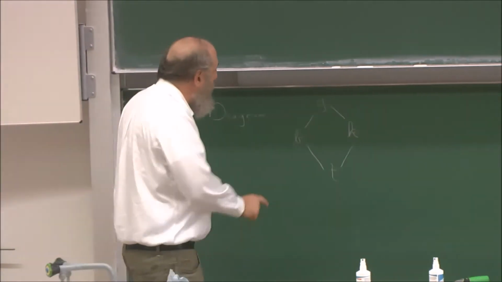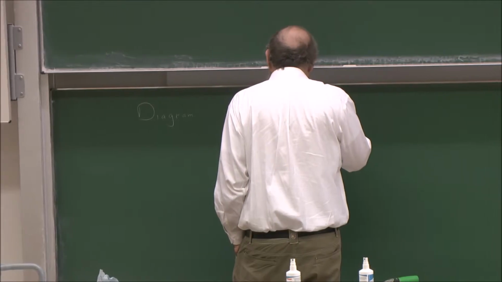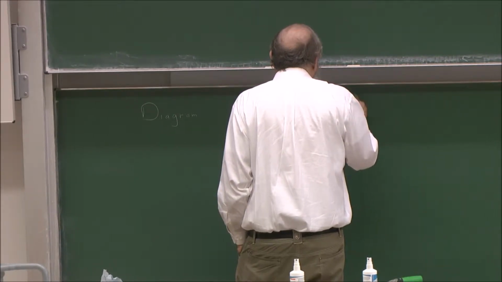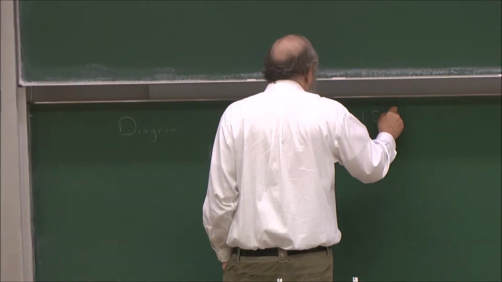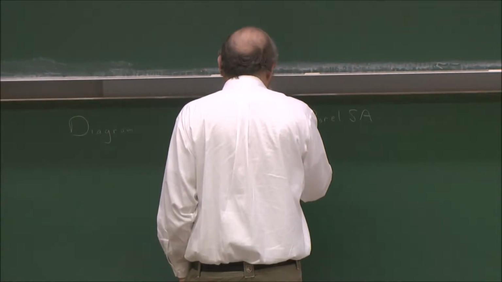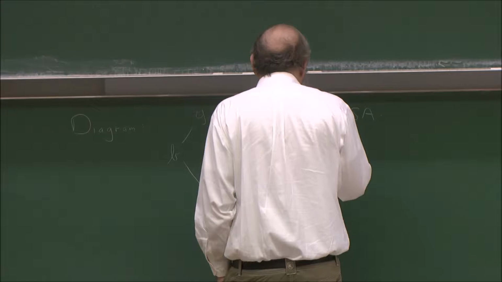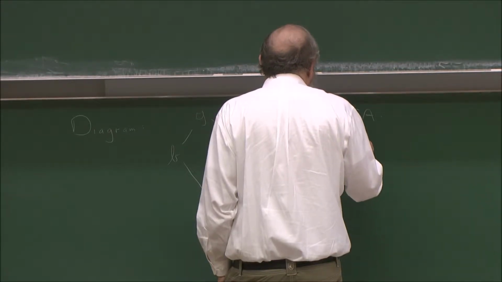So B and K are subalgebras of G, and as before, we'll take B a Borel subalgebra. And now I'm not going to restrict myself yet to the symmetric case.